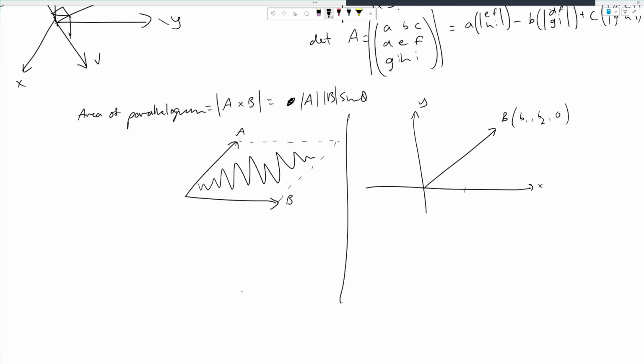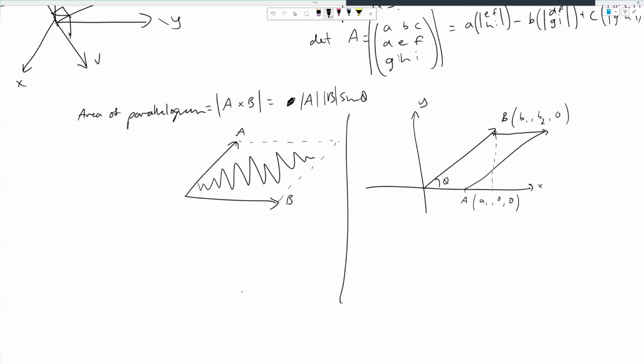Let's call this a, with values a1, 0, and 0. So there's no Y or Z value, but there is an X value, and then this is b over here. Let's call this angle theta. Then the area of this parallelogram would look something like that. I'm just going to note this over here.